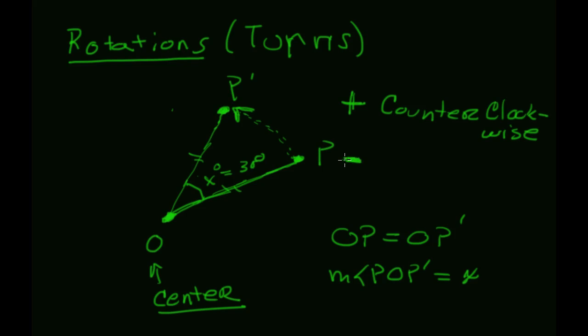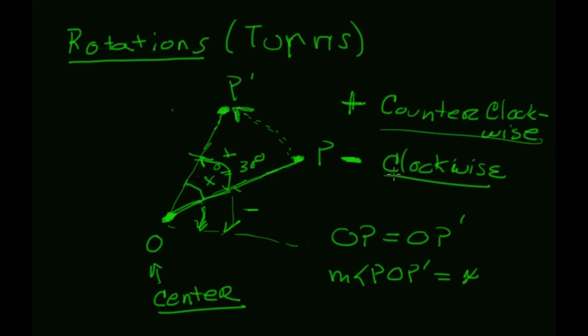If I describe the rotation as negative, that is a clockwise rotation. So if I said that I rotated negative 30 degrees, that would have been the other direction. Okay, so that would have been this way. So this is the negative direction. This is the positive direction. Positive is counterclockwise. Negative is clockwise.